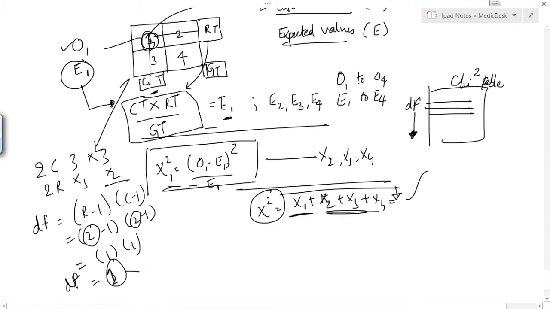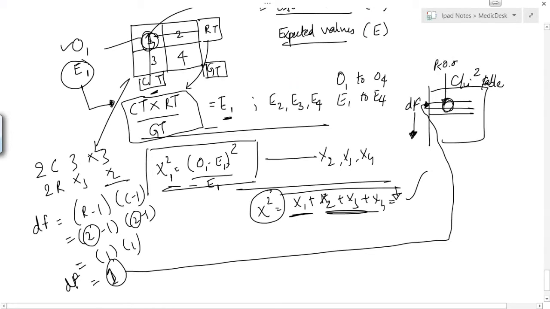Using this, we will see against the first degree of freedom the proposed chi-square value at p less than 0.05 or 95% confidence interval.